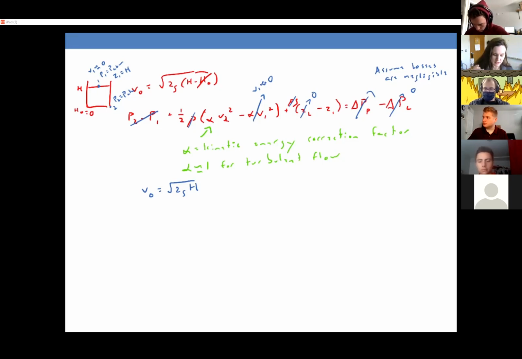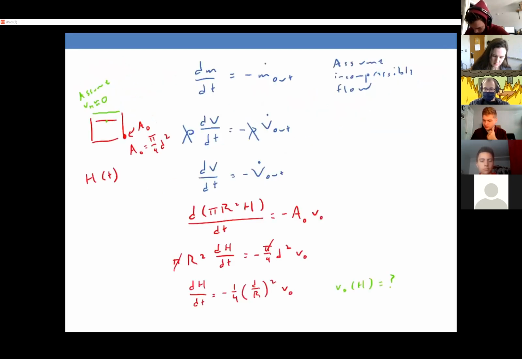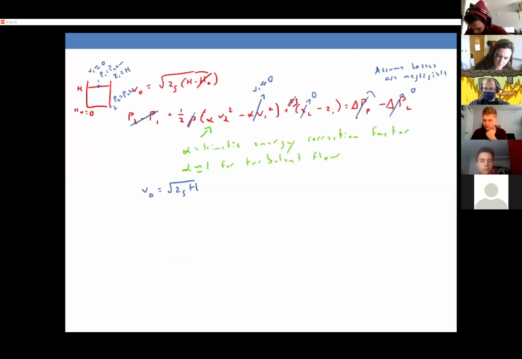Okay, so we have an expression for V as a function of H. Let's put that into what we already had, which was dH/dt is equal to negative 1/4.